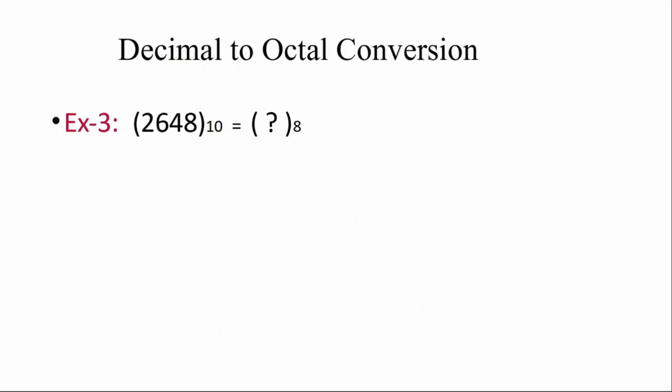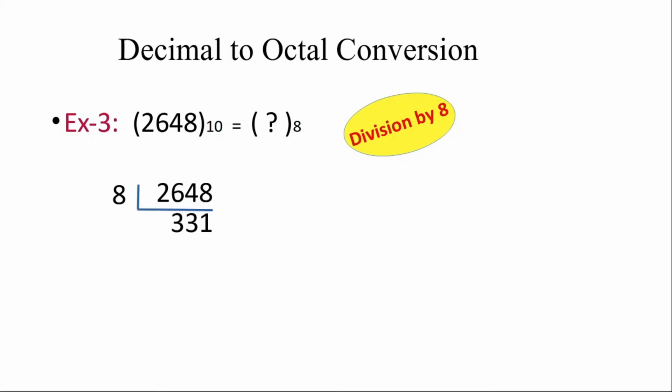Let us take another example, the example 3. Here the number 2648 is also an integer number, so we have to perform the repeated division by 8. If we perform the operation, then we will get the quotient as 331 and the remainder as 0. The 0 in octal and in decimal is the same, and it is the LSD here.